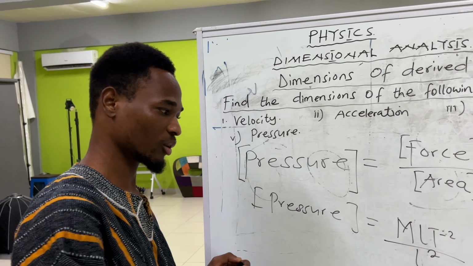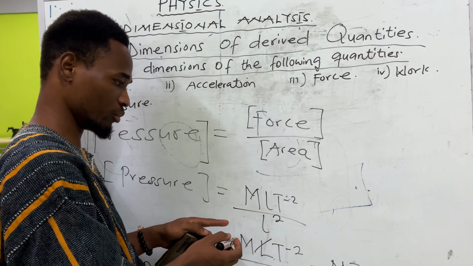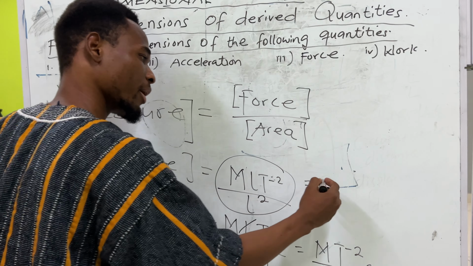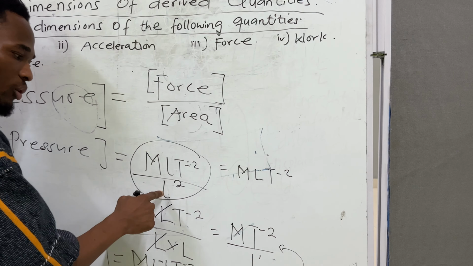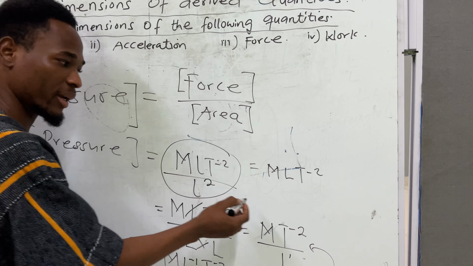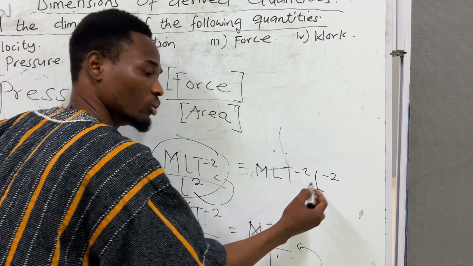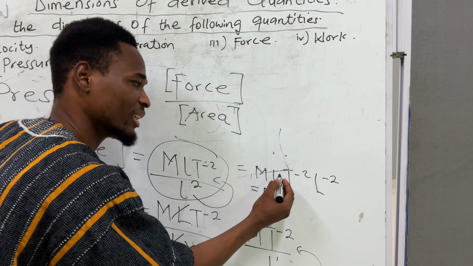Are you okay? If you know that your mass is very strong over here, you have your M L T to the power negative 2. When you transpose the L squared over, L squared becomes L to the power negative 2, which is equal to M. According to the law of indices, this is the power 1.